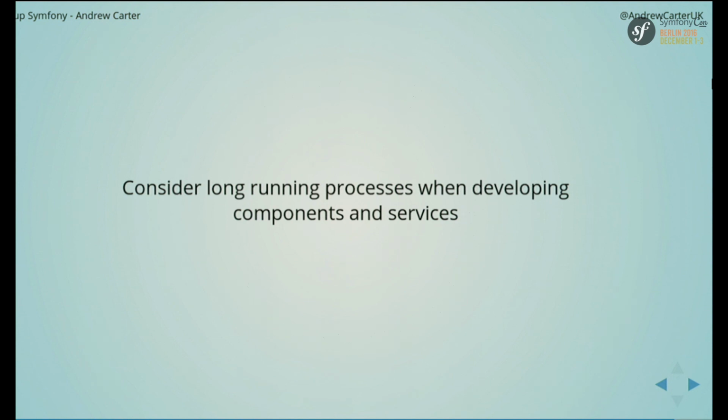The demand and use of these applications is increasing, and it might be a decision that you decide to make in a few years. So when you're creating components and services, just consider that long-running processes might want to use them. That might not even be inside a web stack. That could be inside, as I said, worker processes on a job queue. It might be that they want to use your code and they don't want your code to have memory leaks. So be aware of how you can not leak memory in your code.